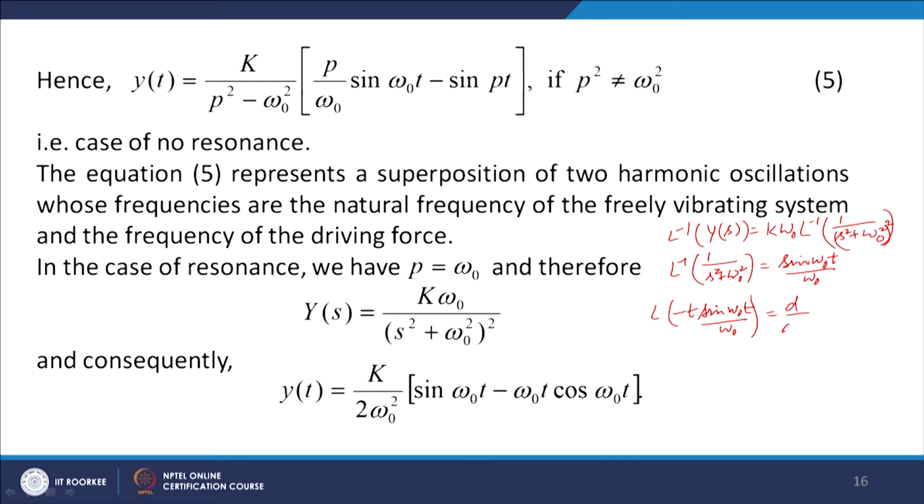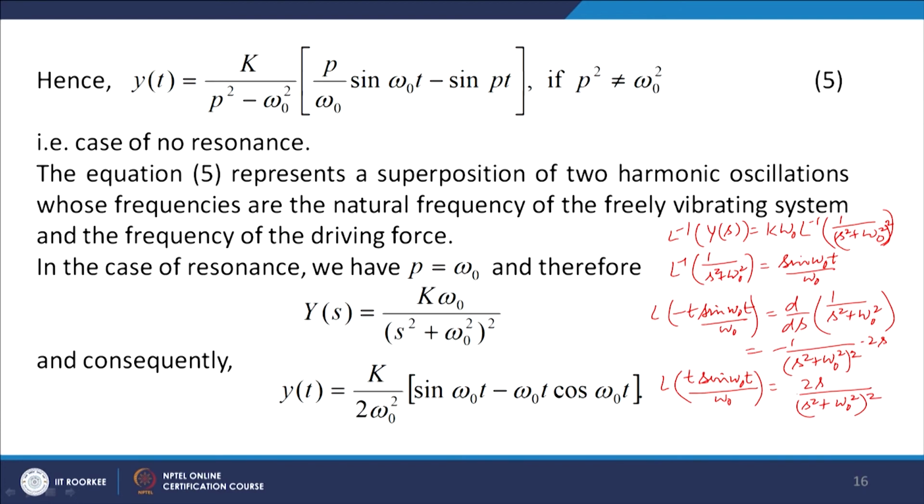So, d over ds of 1 over s square plus omega naught square will be minus 1 upon (s square plus omega naught square) whole square into 2s. So, we get the Laplace transform of t sin omega naught t divided by omega naught equal to 2s upon (s square plus omega naught square) whole square.